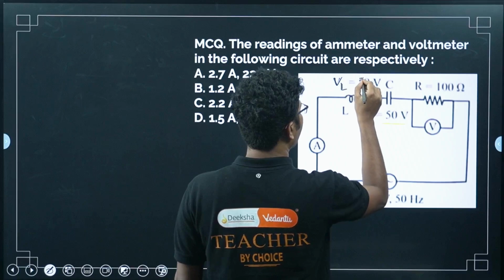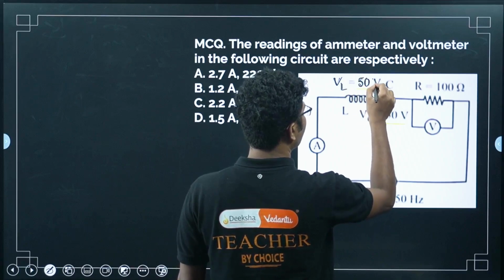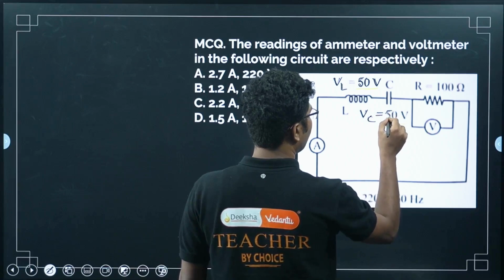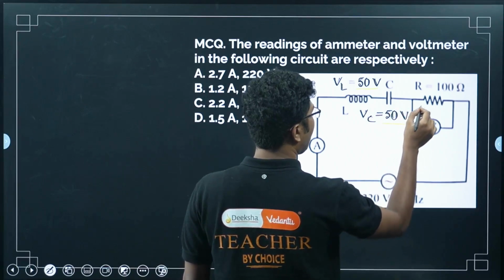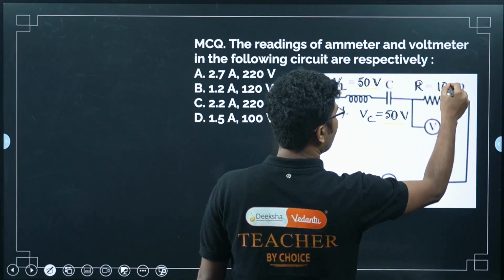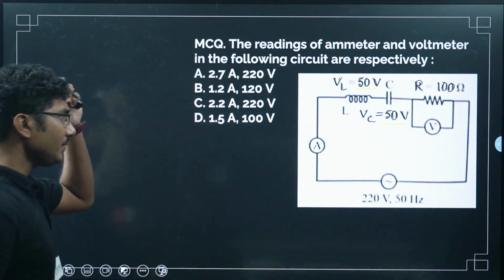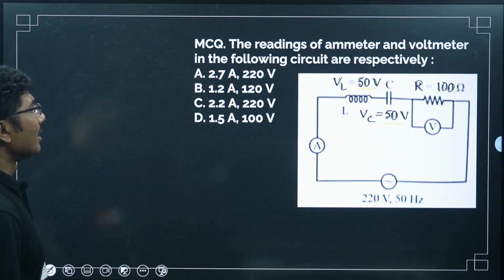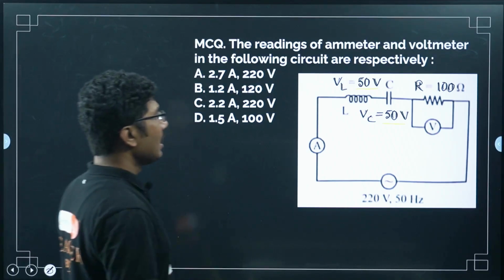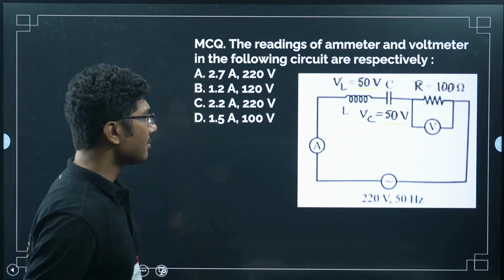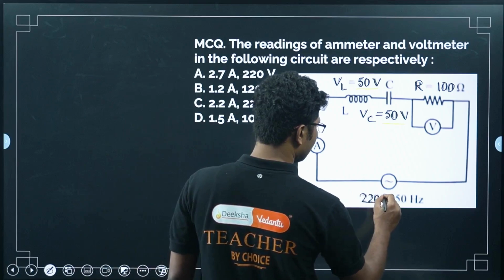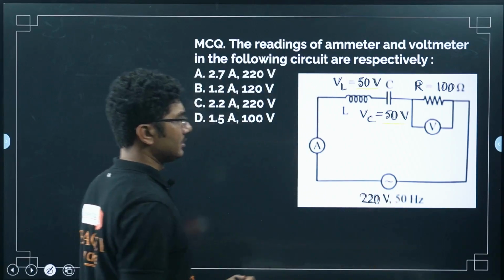VL is 50 volts, VC is 50 volts and VR is 100 volts. Now what they have asked is the readings of the ammeter and the voltmeter that you have to find. The applied voltage is given as 220 volts, 50 hertz.